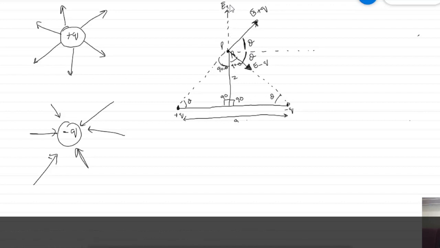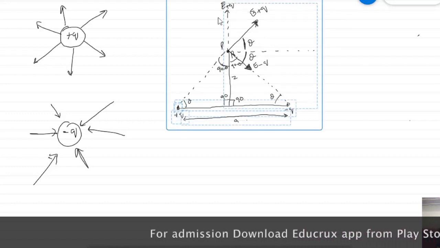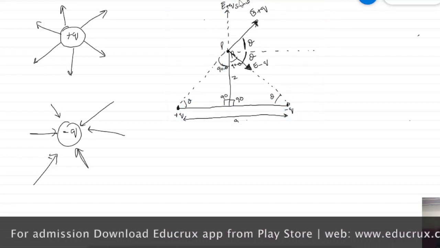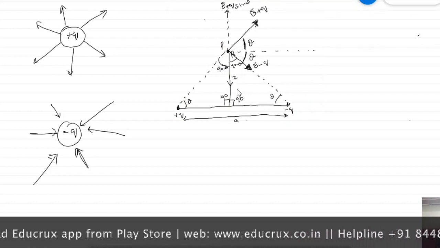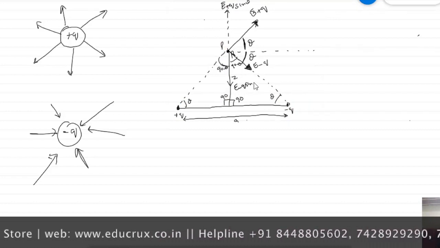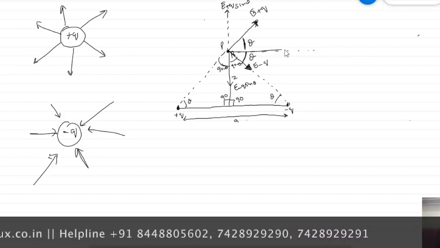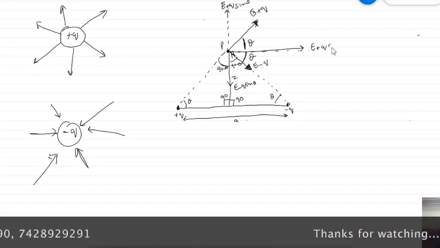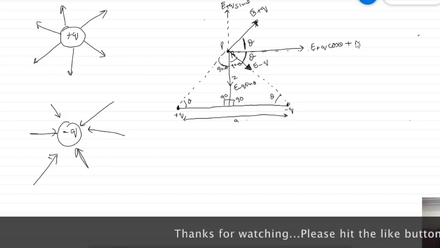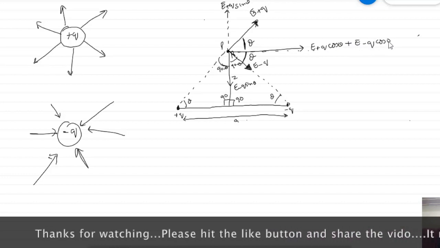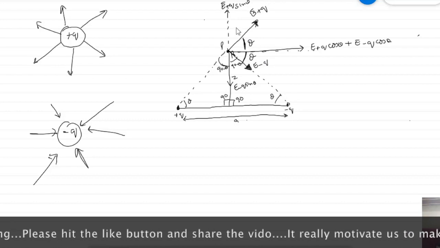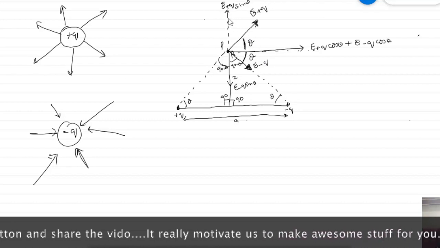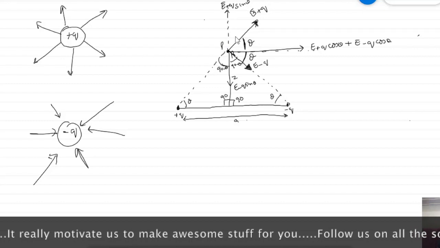E plus Q sine theta is upward here, and E minus Q sine theta is here, and along the other direction my components will be E plus Q cos theta and E minus Q cos theta. Okay, so as I can see, at point P the vertical components are equal and opposite.